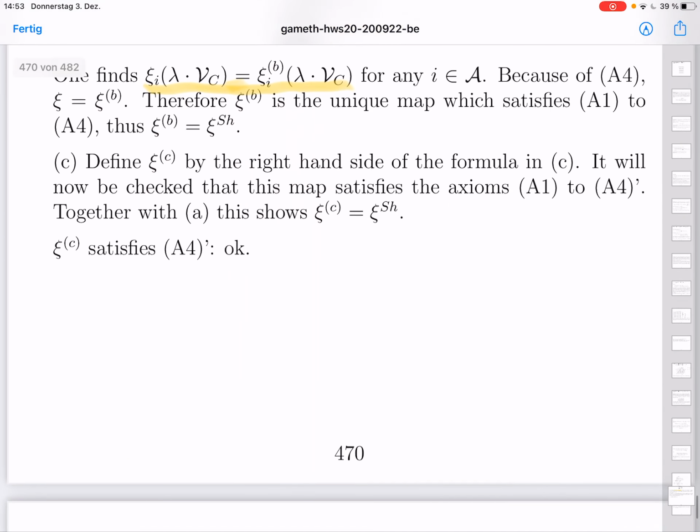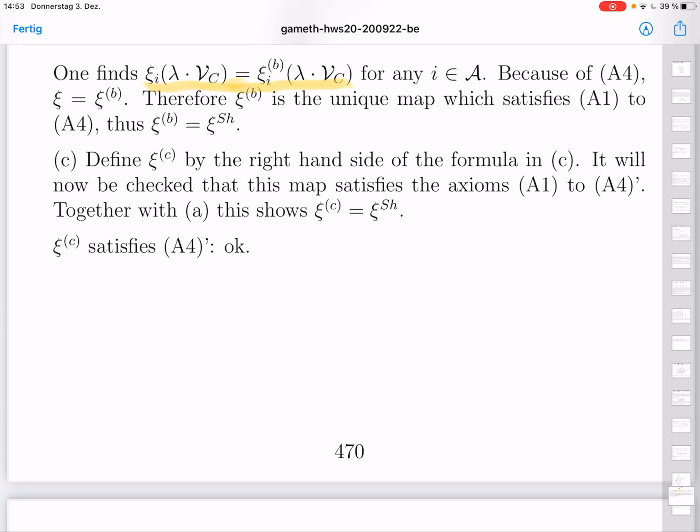So here we are in part C. So I define a new map psi upper index C by the right hand side of the formula in C. This is again a map from the set of all collision valuations to the vector space R up to M. And now we will in fact not go into part B but into part A. We will check that this new map satisfies also the axioms A1 to A4, even A4 prime.